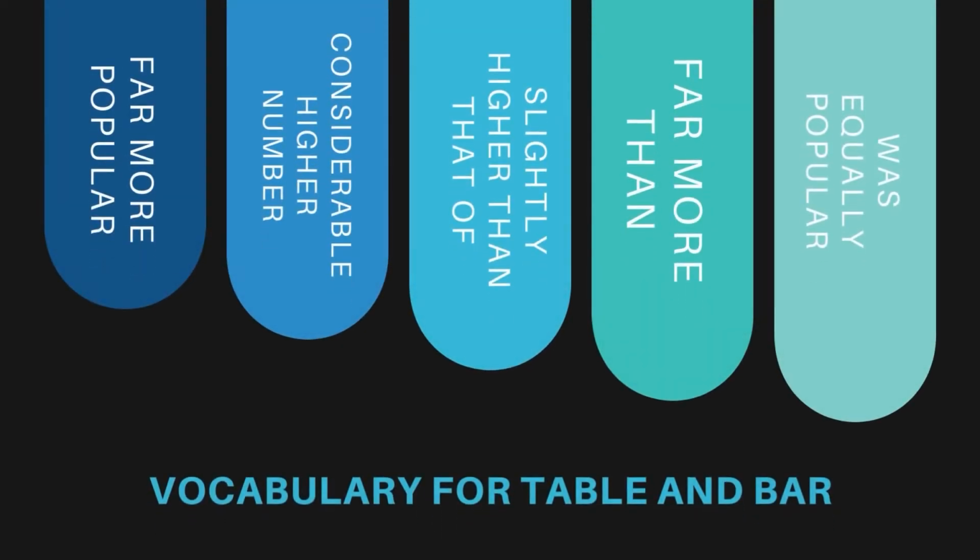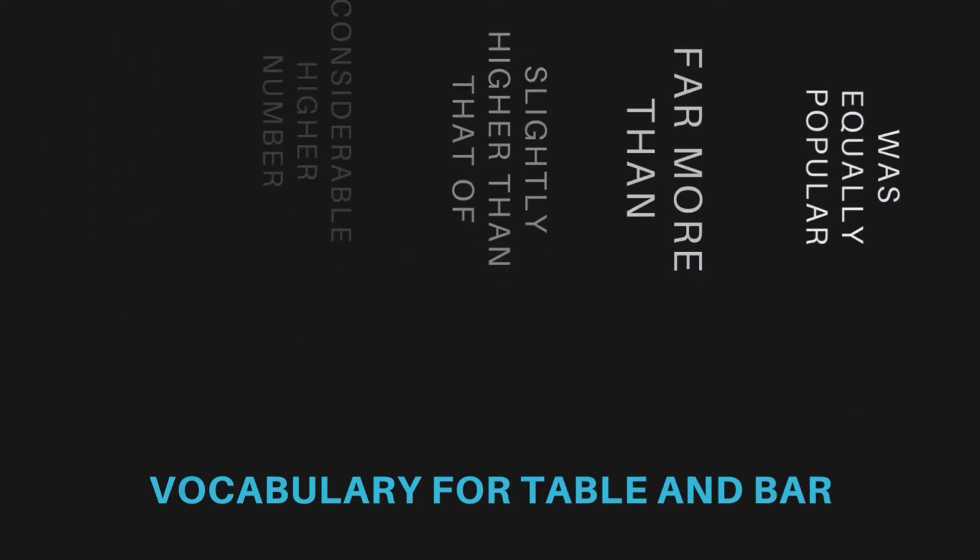Now it's time for the vocabulary for table and bar. For equally popular data, we can use was equally popular, far more than, slightly higher than that of, considerably higher number, far more popular.